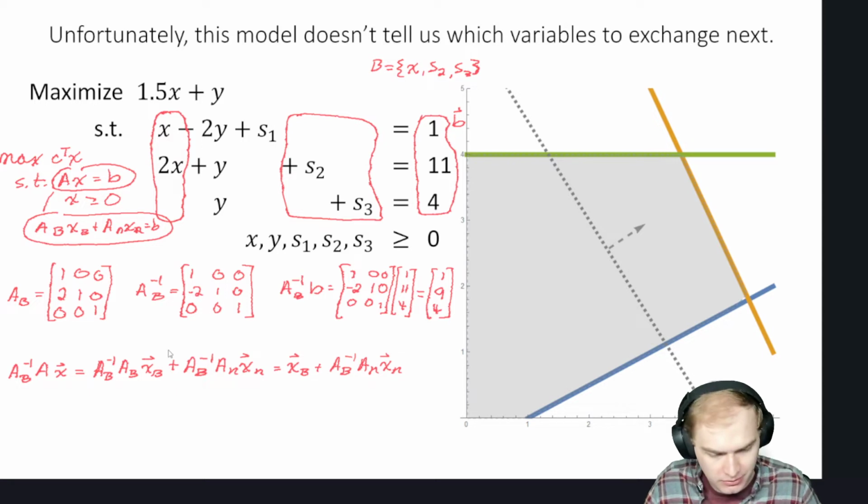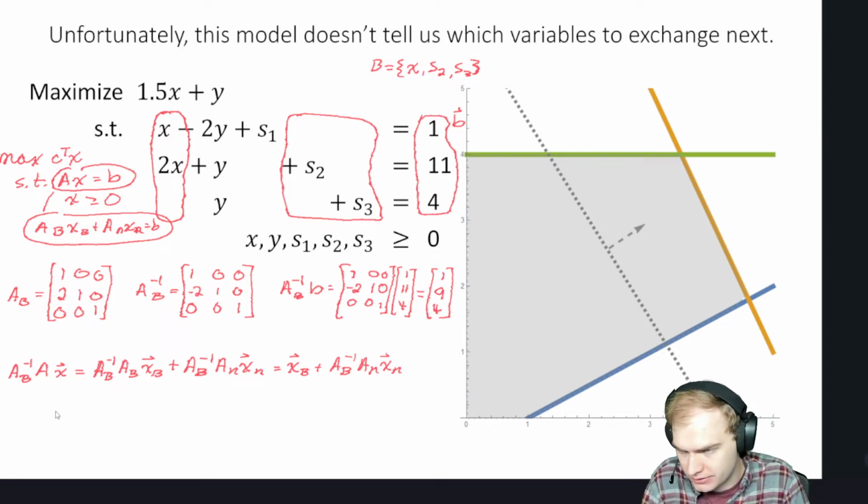So the only matrix multiplication we need to do is this second term.